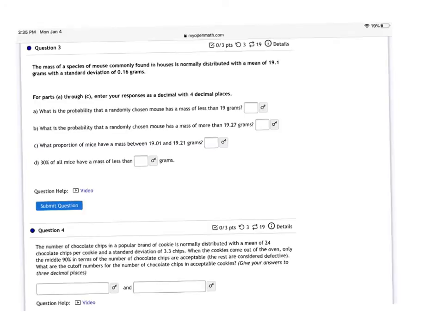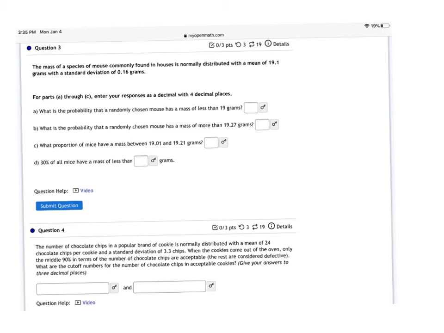Just taking a quick glance at the next couple problems. The mass of a mouse commonly found has a mean of this, with the standard deviation of that. This one, okay, the probability. So we are just assuming that these are going to be normal distributions.